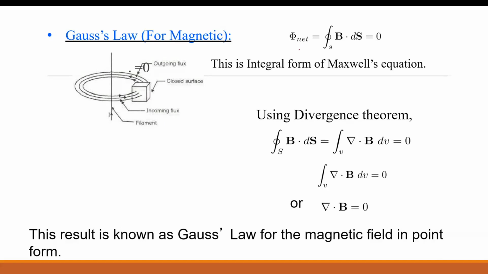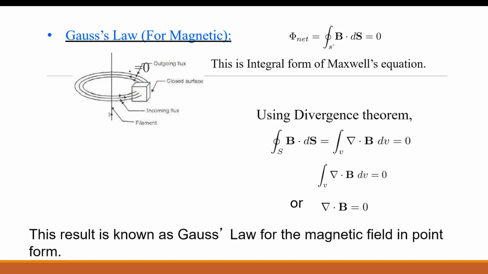What does it mean? In a magnetic field, B bar is known as magnetic flux density, meaning the magnetic field present on a given area.